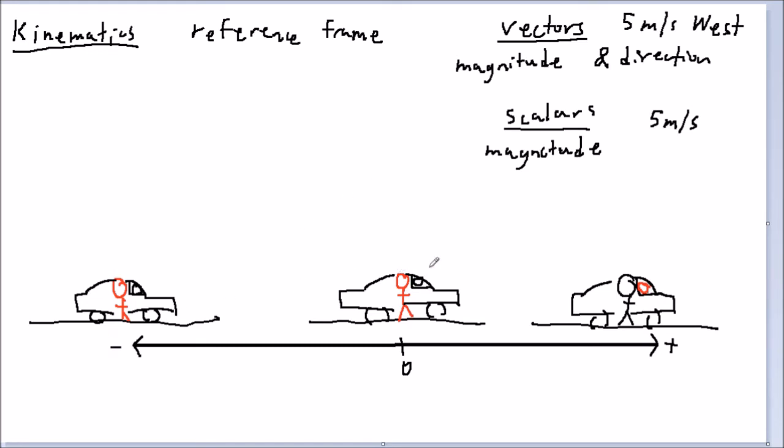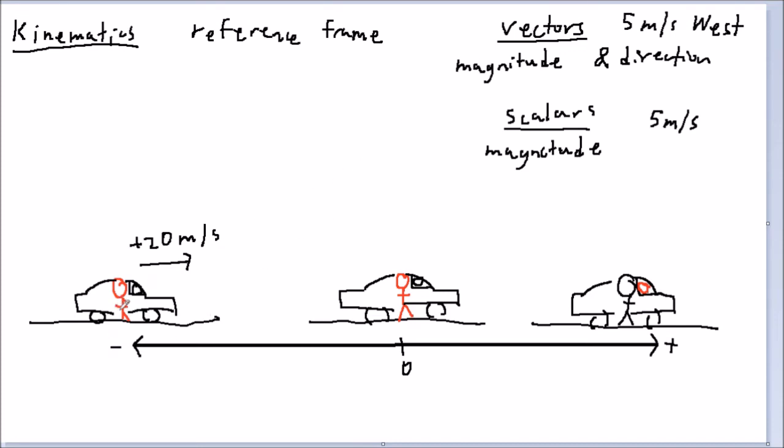So here we have some examples of how different reference frames can affect different measurements. Let's say that this car here is moving at 20 meters per second in the positive direction. So positive 20 meters per second, right? And this car is always moving at 20 meters per second. Let's say you're this red person and you want to measure how fast this car is moving.